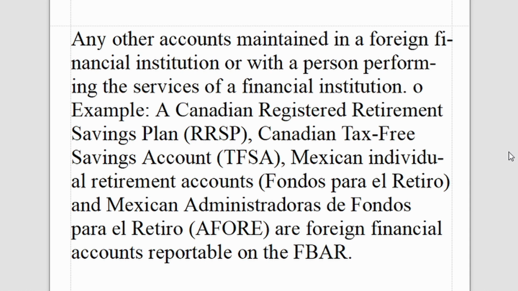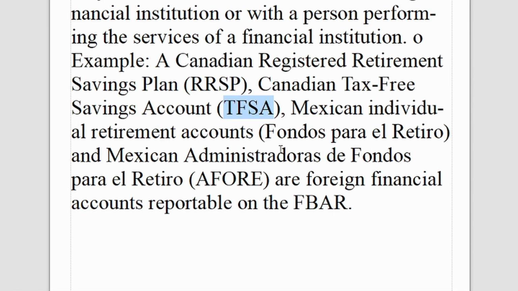Now, I see a lot of people ask if retirement accounts are included in people who have to file. And generally, retirement accounts that are self-directed like IRAs or 401ks, where you put money in and you have a balance that you decide how the investment goes, including Canadian Registered Retirement Savings Plan, RRSP, or Canadian Tax-Free Savings Account, TFSA, or Mexican Individual Retirement Account.